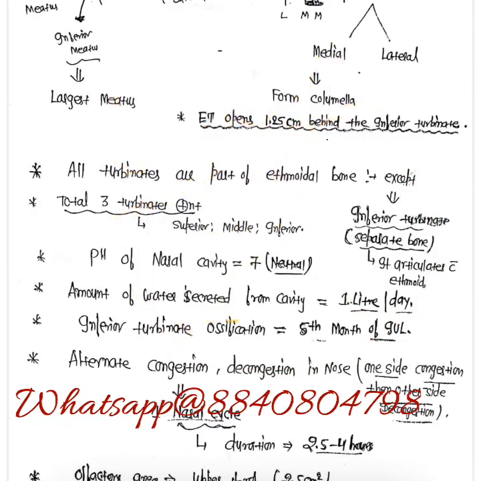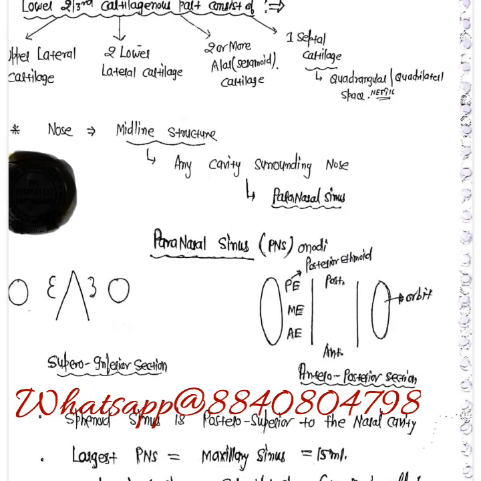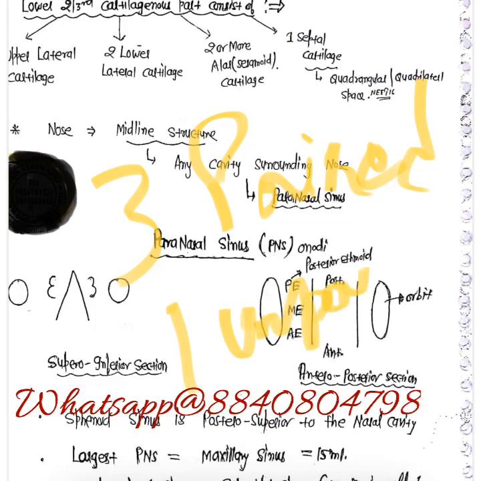Now moving to the cartilaginous part. The cartilaginous 2/3 is more important and relatively more difficult than the bony part. Here another MCQ is that it consists of three paired and one unpaired cartilage.